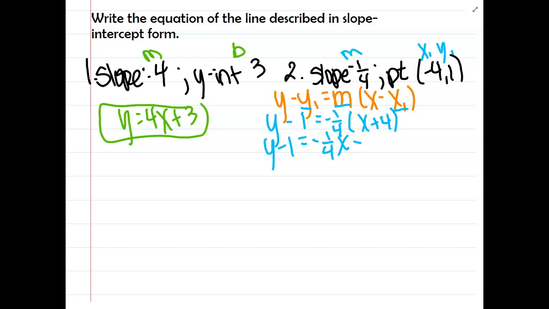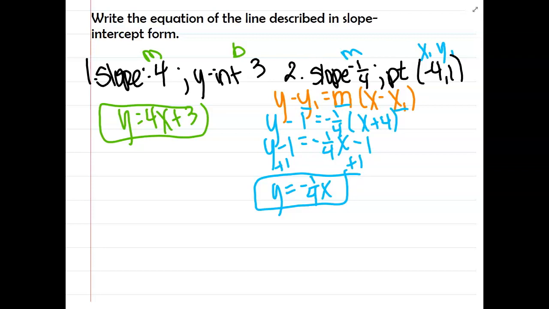A fourth of 4 is 1, right? And then to get it into y equals, we're going to add 1 to both sides. So we have y equals negative 1/4 x, and then negative 1 plus 1 just gives you 0. So we'll just leave it as y equals negative 1/4 x. This would be a line that goes through the origin.